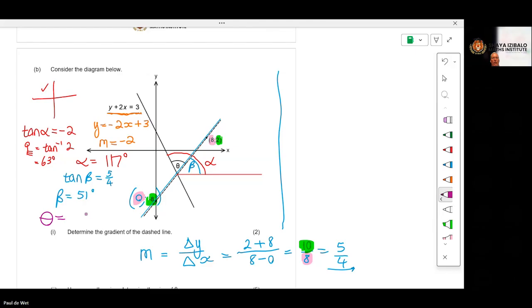Theta is going to be alpha minus beta. I've rounded it off to 66. Okay, all right. Well done.